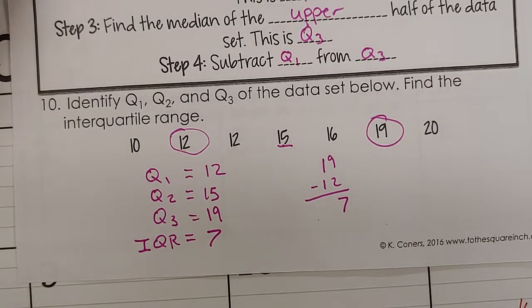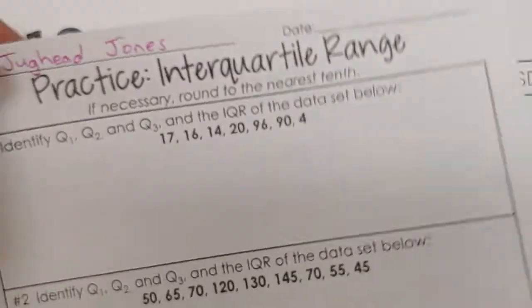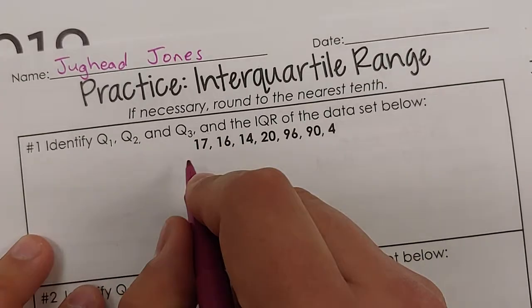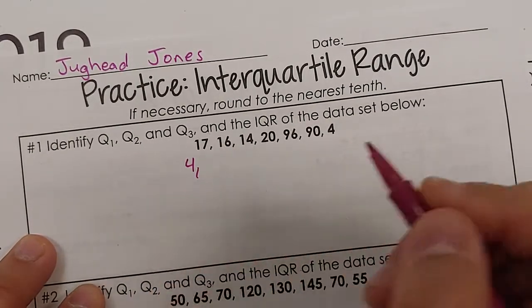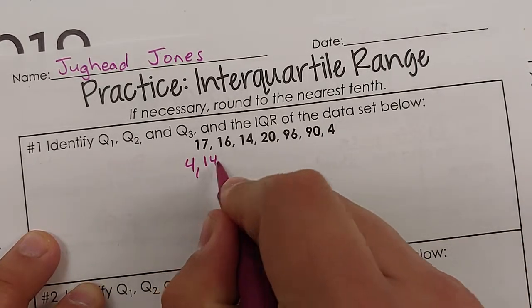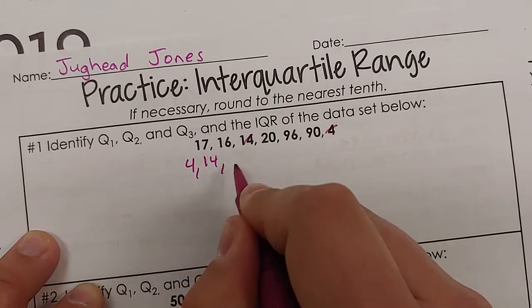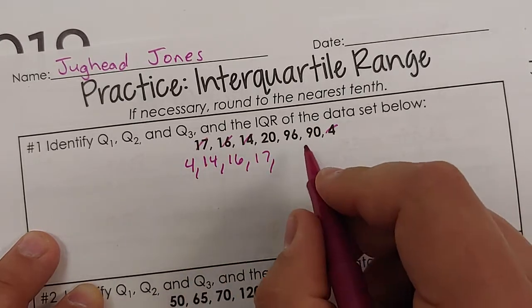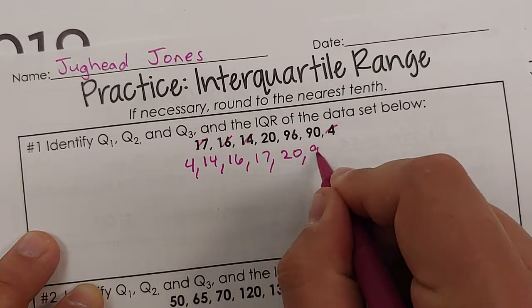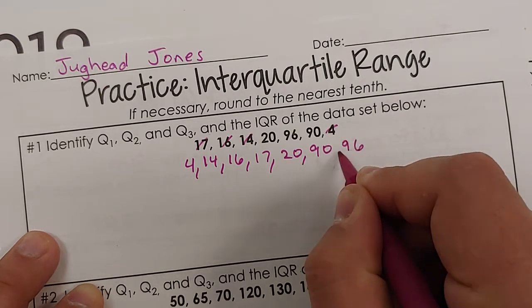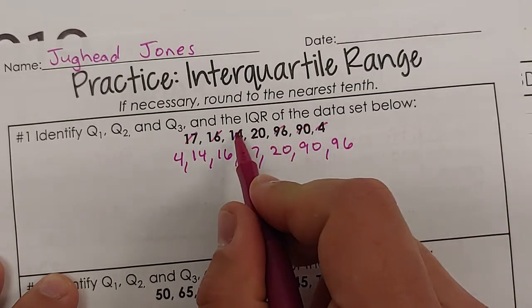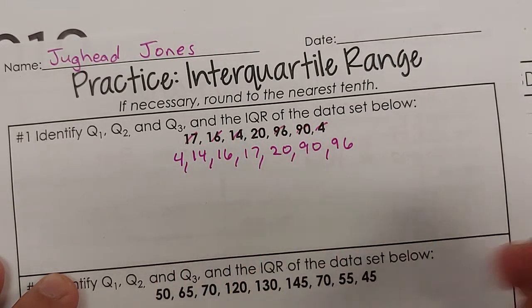Now let's go to the back, work on these problems back here. Go ahead and try number 1. So first thing we're going to do here, we're going to lay these out in numerical order. 14, 14, 16, 17, 20, 90, 96. 1, 2, 3, 4, 5, 6, 7.